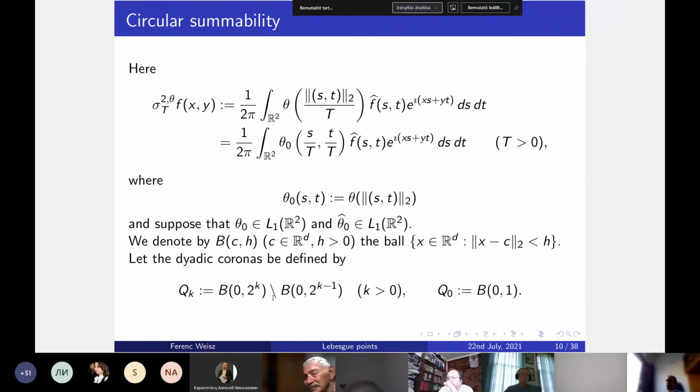Taking the difference of two balls with radius 2 to the power k and 2 to the power k minus 1 with the center 0, this difference is denoted by Q_k, and it is called the dyadic corona. Q_0 is the ball B(0, 1), so the center is 0 and the radius is 1.